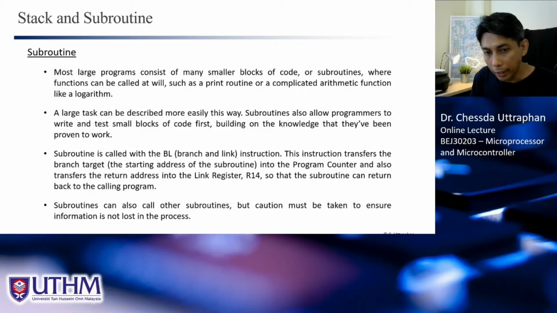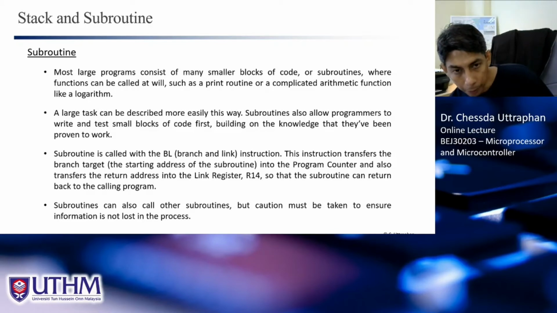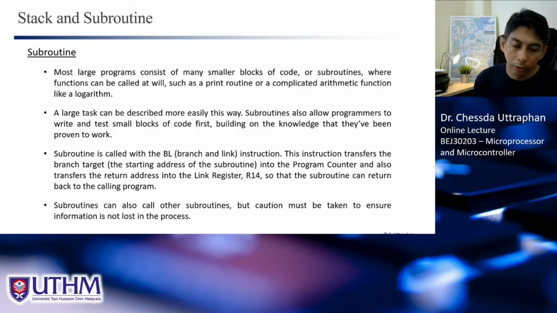You just call that function when you want to use it. Same as a subroutine, right? It is actually a subprogram within your program. So some of the operations you may need to use many times. For example, to read the input or to output something to the output devices.